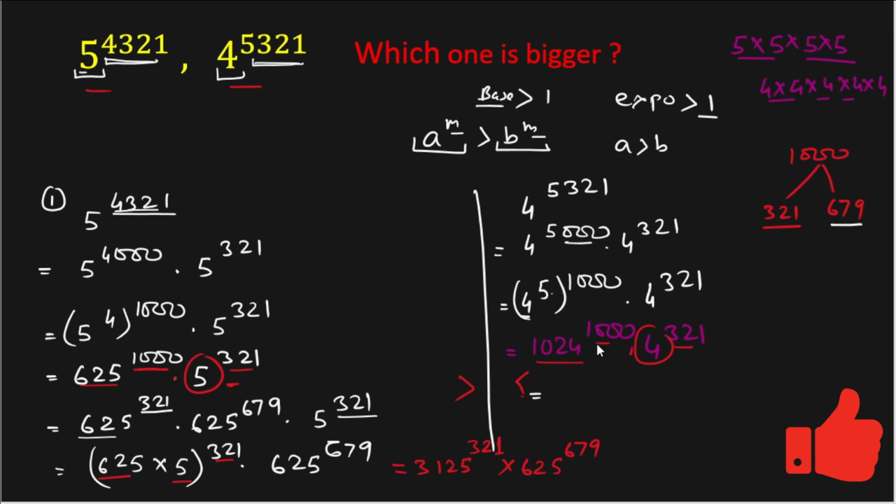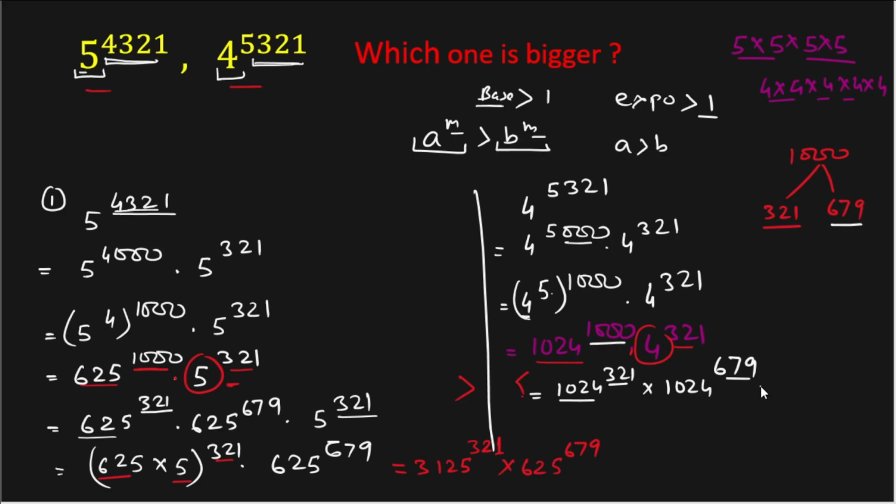Now here also we'll split this 1000. So it is 1024 to the power 321, multiplied by 1024 to the power 679. We have split the power into two terms, and this is multiplied with 4 to the power 321.